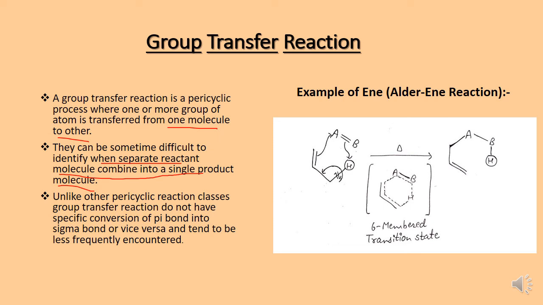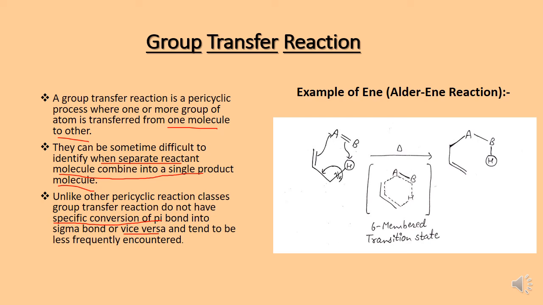So in group transfer reactions, the reactants are not easily comparable, because different reagents give different products. Unlike other pericyclic reactions, group transfer reactions do not have specific conversions of pi bonds into sigma bonds or vice versa. So group transfer reactions are less frequently encountered.